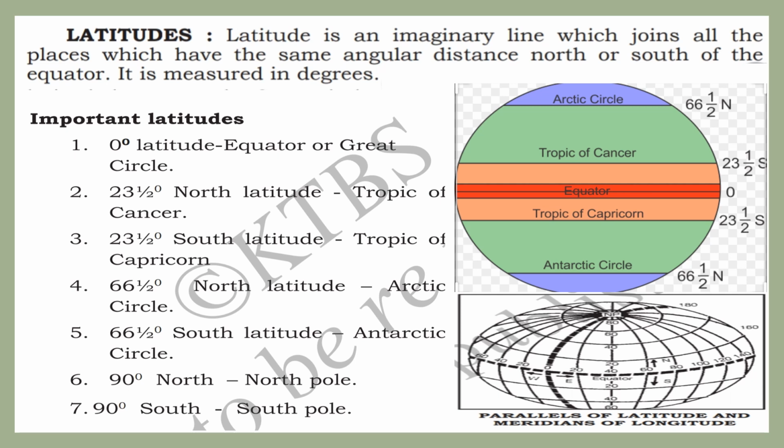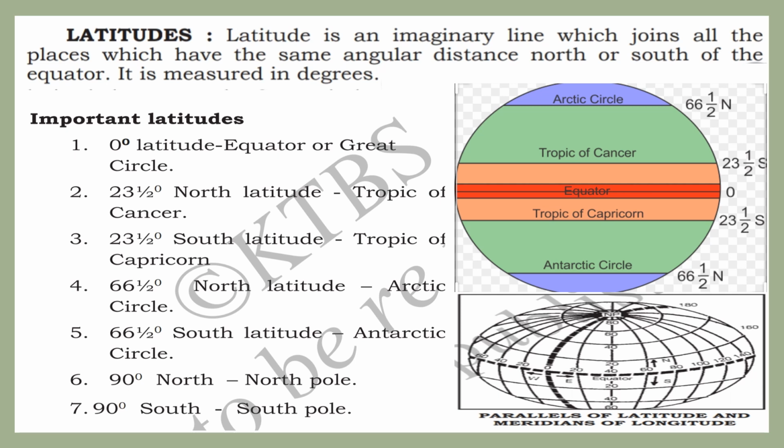Including the equator, there are totally 181 latitudes on the globe. The ground distance, the earth's surface distance, between 2 degrees of latitudes is 110.4 kilometers.